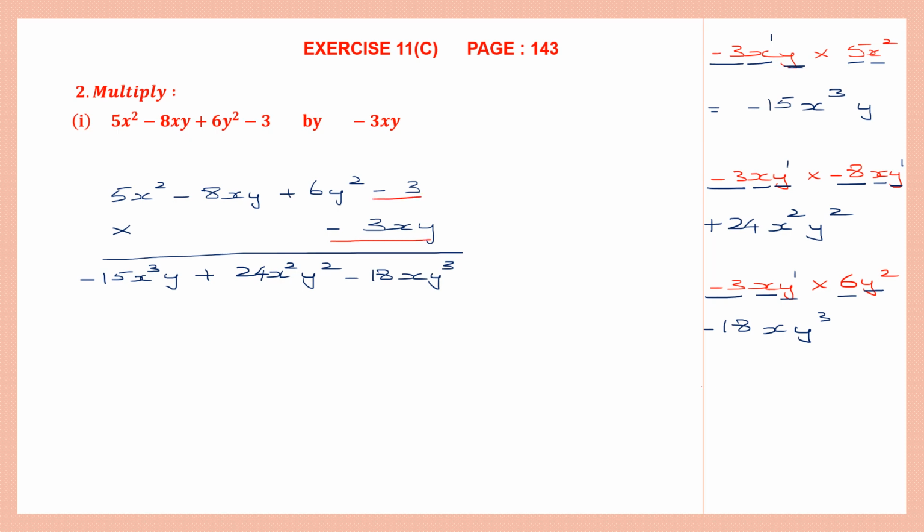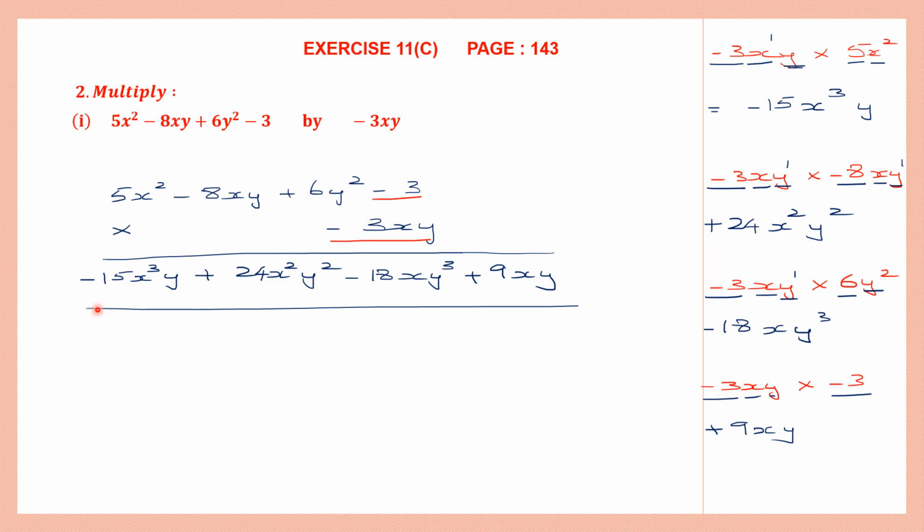Minus 3xy into the last term, that is minus 3. So numerical coefficients minus 3 into minus 3. Minus into minus is plus. 3 3s are 9. 1x and 1y, so that makes it plus 9xy. So we have a final answer here, minus 15x cubed y plus 24x square y square minus 18xy cubed plus 9xy. Now this is the column method.